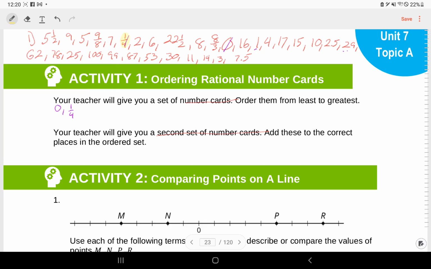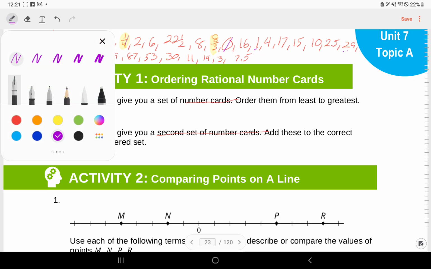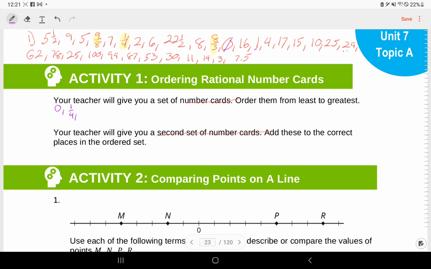I've got this fraction, and I've got this fraction. Well, 9/8 is bigger than 1, and so is 8/3. All right, so then I'm going to move on, and I don't have anything else. So I'm going to go 1.